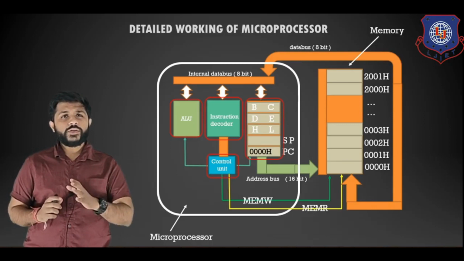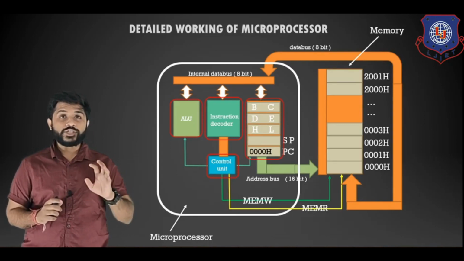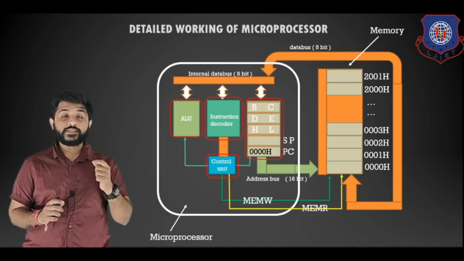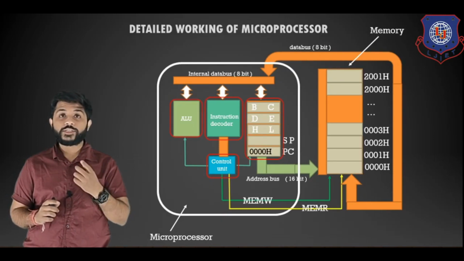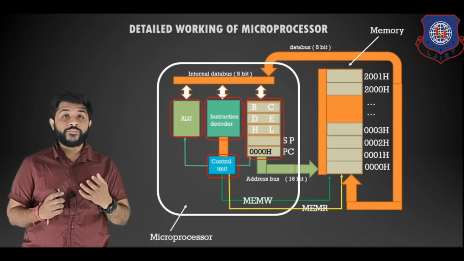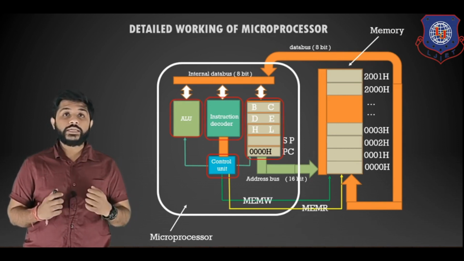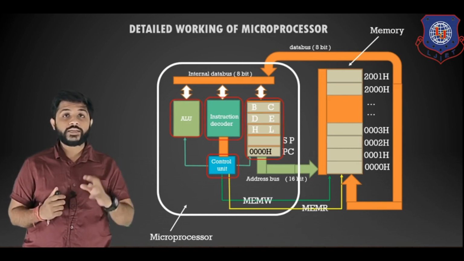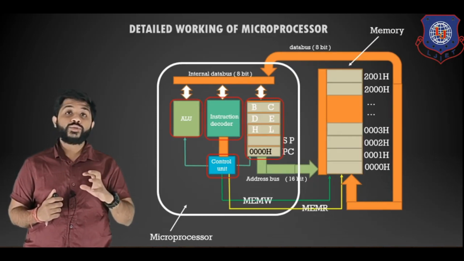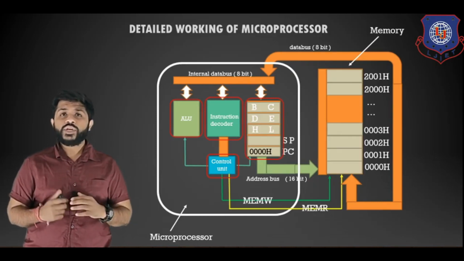Then you can see the control unit. The control unit is connected to all the sections within a microprocessor, to the ALU and to the register section. But it is not only connected to the internal sections, it also connects to the outside of the microprocessor.